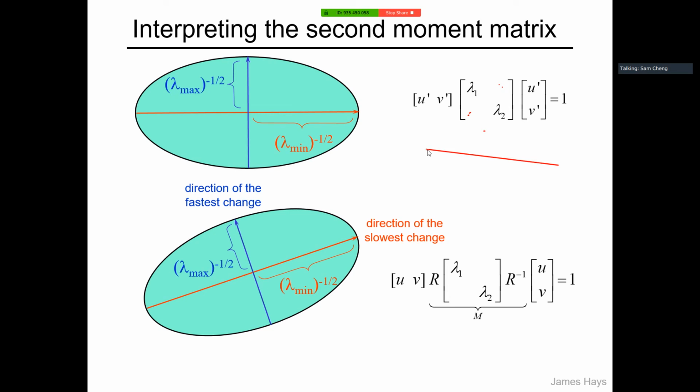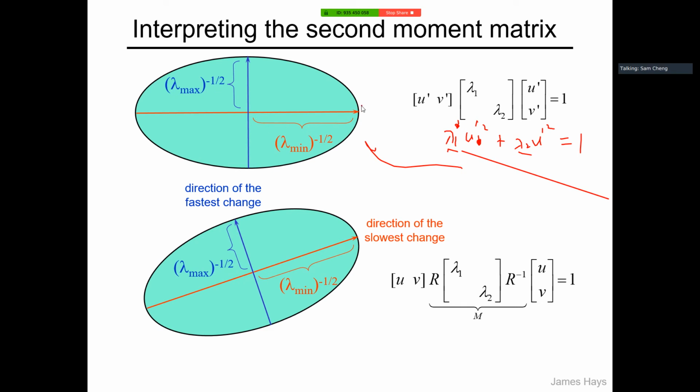Again, this one is just lambda 1 u prime square plus lambda 2 v prime square. This is just an ellipse aligned well with the x and y axes, and lambda 1 and lambda 2 relate to the length of the axes.